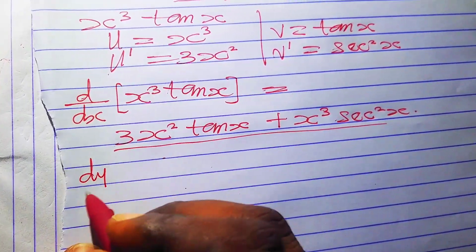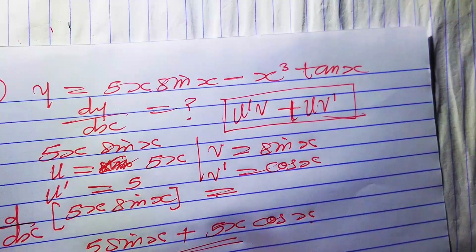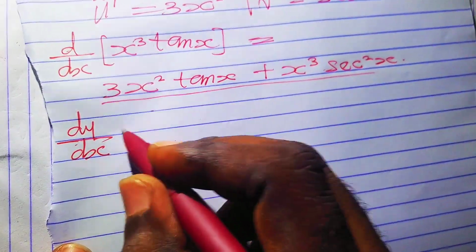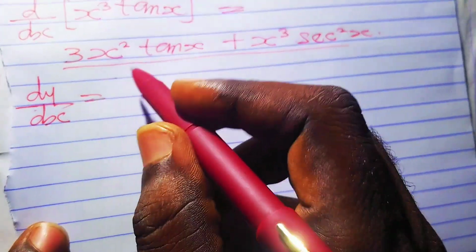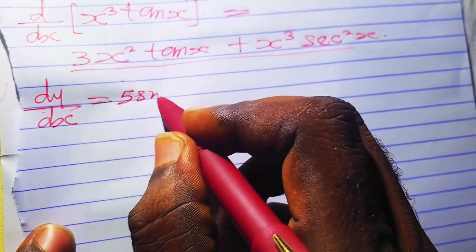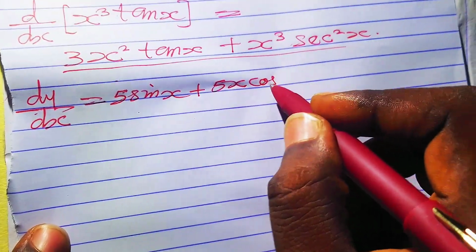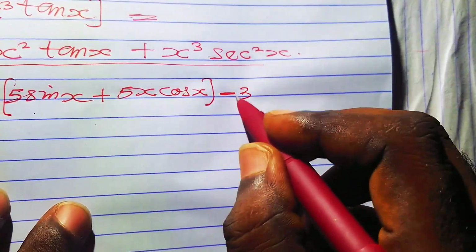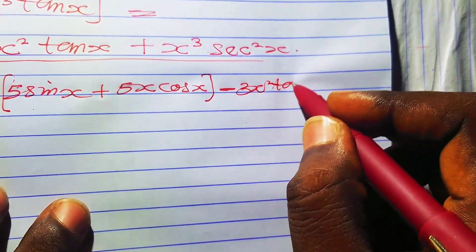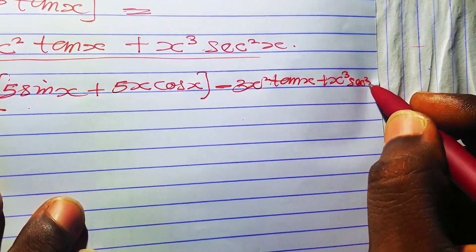Therefore, finally, dy/dx, if y is equal to this expression here, is going to be the solution to the first part, which is this, and then we bring that into the solution here. That's going to be 5 sine x plus 5x cos x, now minus this one, 3x squared tan x plus x cubed sec square x.